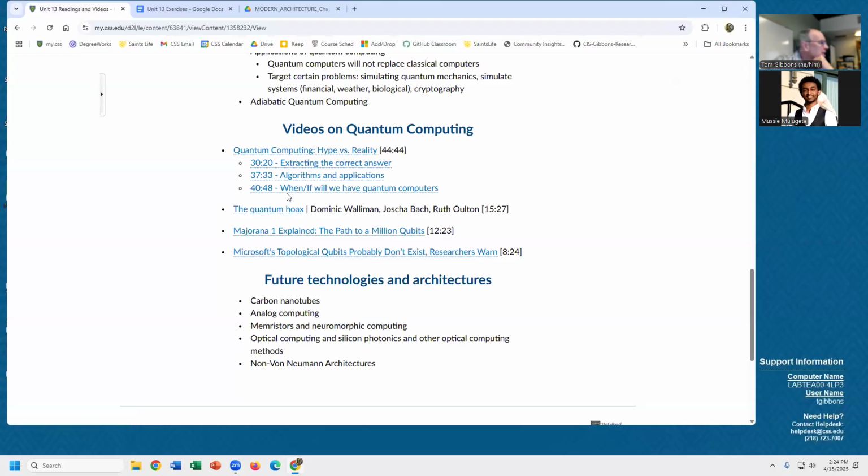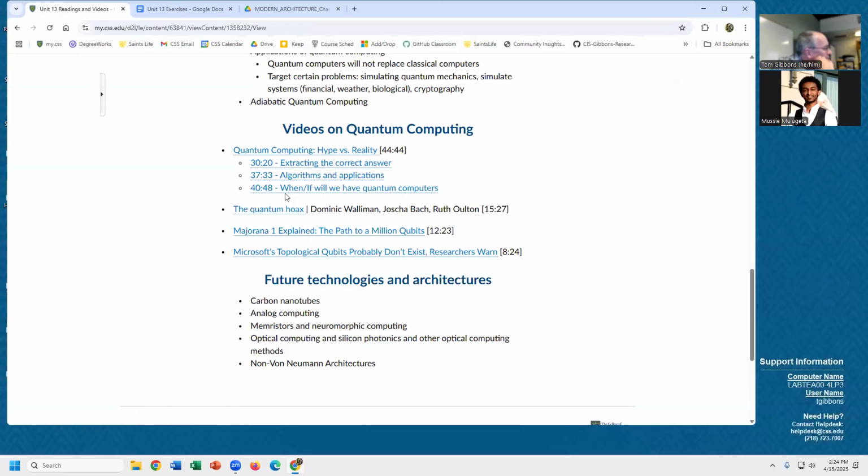There's a lot of news and hype out there saying that quantum computing is going to change the world and make computers 1,000 times faster and everything like that. One thing I want to try to get through is hype versus reality with these.